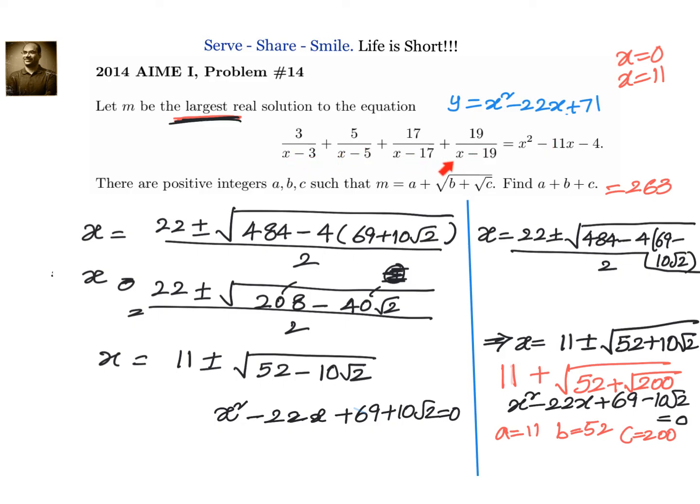Then when you multiply the denominators, you can take an appropriate substitution. For that we should get rid of 3, 5, 17, 19, but this minus 4 will help us do that. So always the RHS should become 0, then only we will get a quadratic equation or a third or fourth degree equation. Mostly a quadratic equation, so that we can use the quadratic formula and solve it.